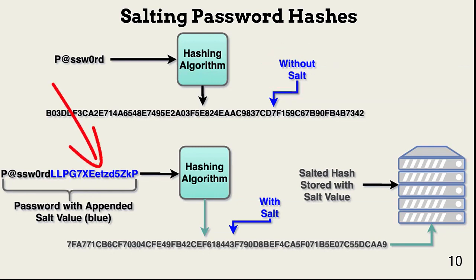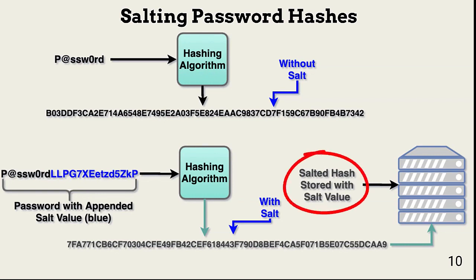The bottom example shows adding a random salt to the end of the password. The resulting hash has no pattern relationships with the unsalted password hash. It would be impractical to crack this salted hash value with the hash comparisons attacks we've looked at. The salted hash and the salt value are stored in a secure account database.